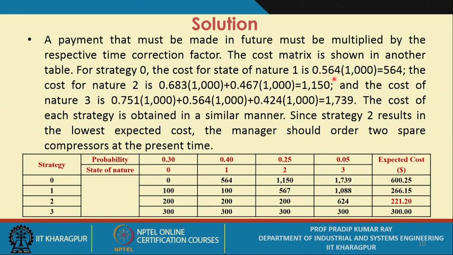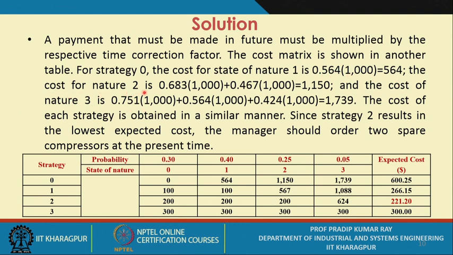So, if there is one failure, we are assuming that it will fail at the end of 6th year. So, this factor you need to consider. That means at the end of the 6th year, you have to purchase a compressor with a price of 1000. So, its present value will be 1000 into 0.564.